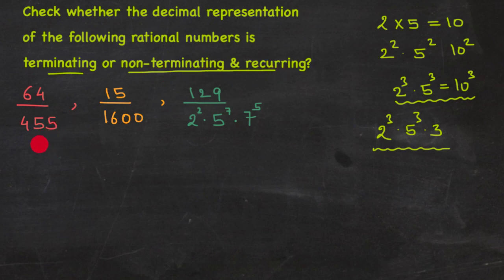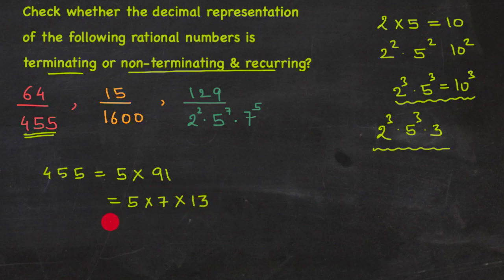Let's actually see one example. Let's say that we have this. Let's start with the denominator 455. Let's try to prime factorize that. So 455, we can write this as 5 times 91, since 5 nines are 45 and 5 ones are 5. Now let's try to split this further. 7 is a factor of 91, so we can write this as 7 times 13, since 7 ones are 7, 7 twos are 14, 7 threes are 21.